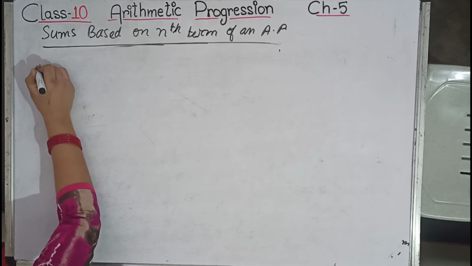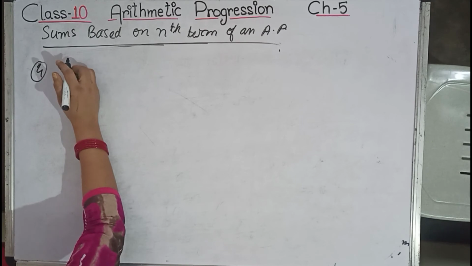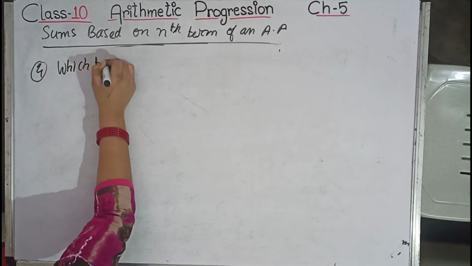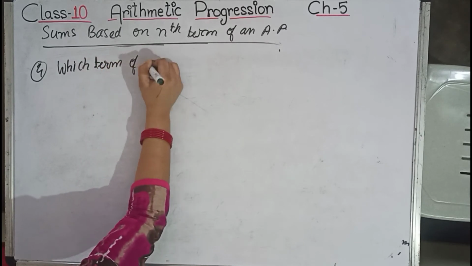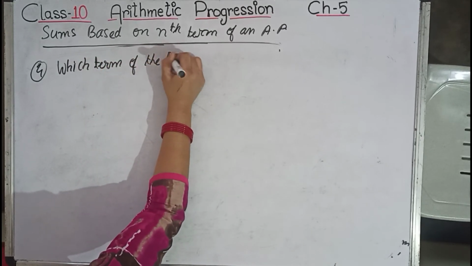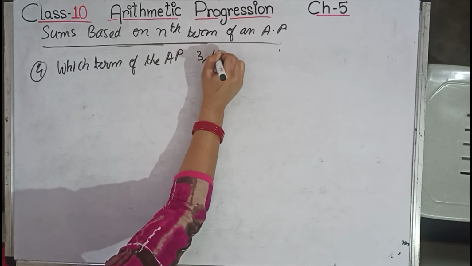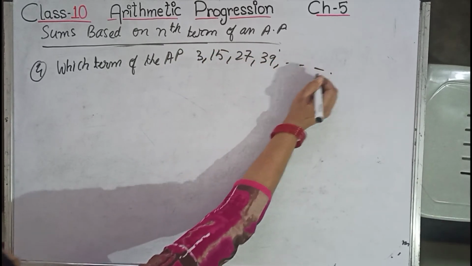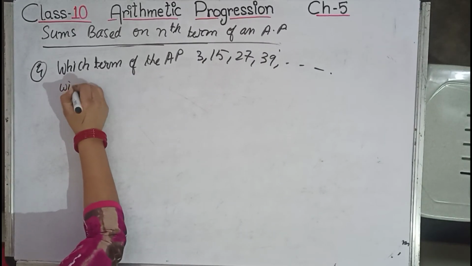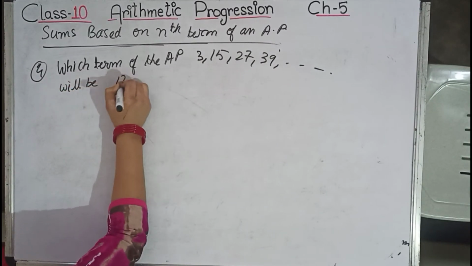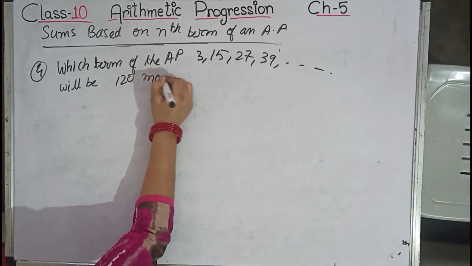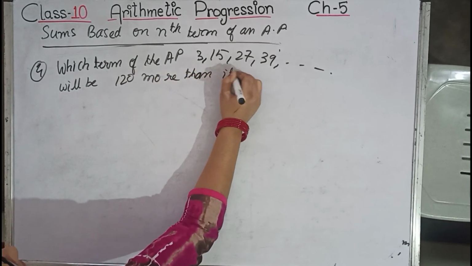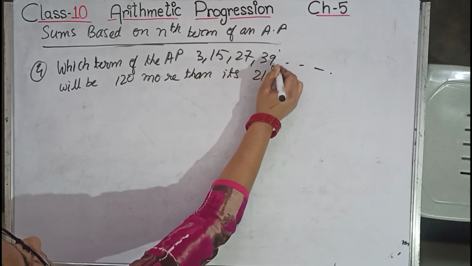Which term of the AP 3, 15, 27, 39 and so on will be 120 more than its 21st term?